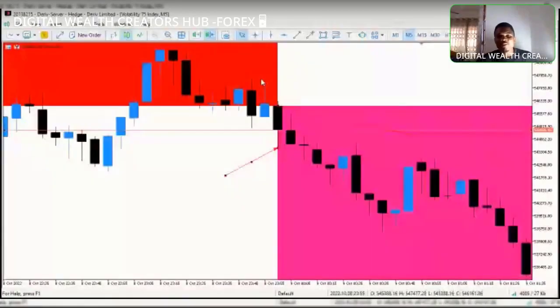That's what I risk using the lot size 0.003. So now we've seen this, and like I said, you definitely have to wait for the candle to close before you enter. Do not rush in when the candle hasn't closed.